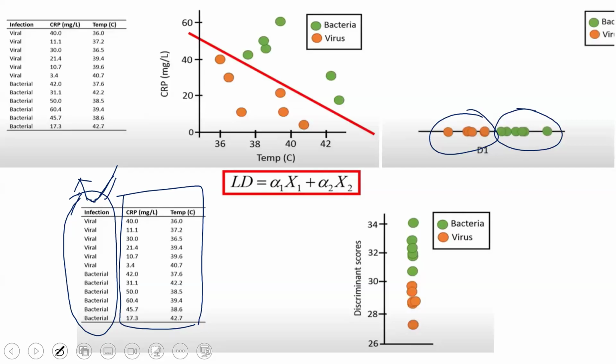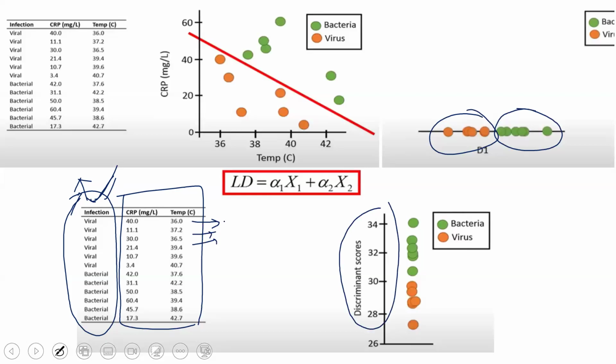LDA is also a linear combination of the dimensions in the data. Okay, look at this. How will linear discriminant analysis differentiate the data? It calculates the discriminant scores and plots the data points using those discriminant scores, so that we get this kind of dimension. If we calculate the discriminant scores for all these points, these are the values that we got for different points in the data.